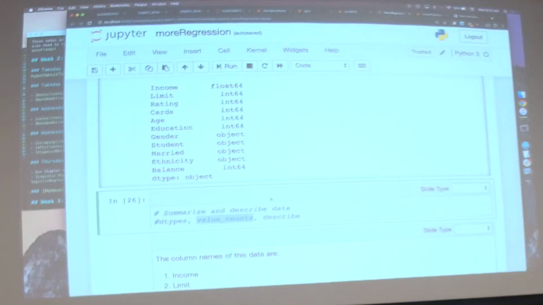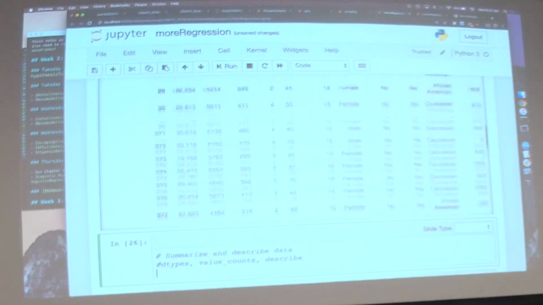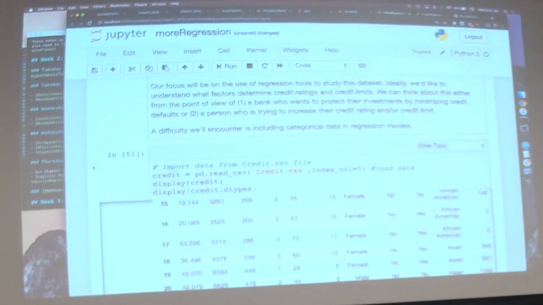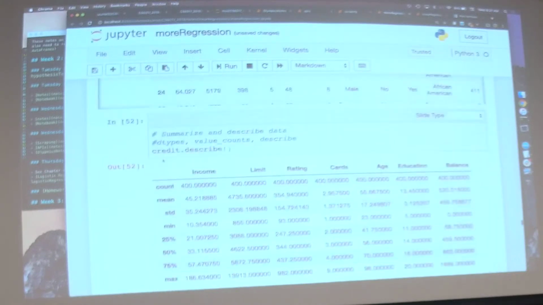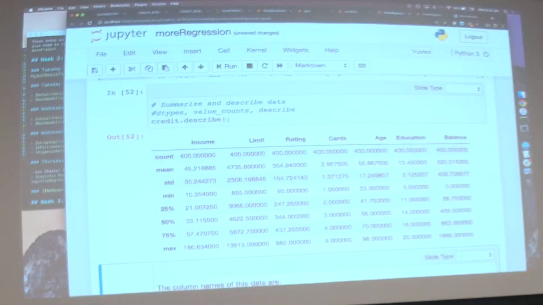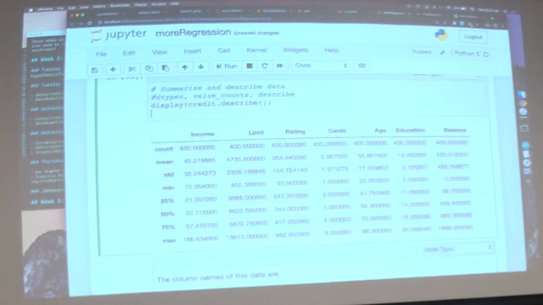For the categorical data, that would tell us how many of each we have, and describe gives us these descriptive statistics for our quantitative variables.